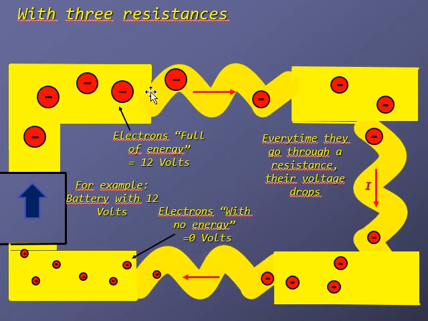Imagine that they have 12 volts. After passing by this resistance, they are losing energy, not all the energy. They only lose all the energy when they get to the negative terminal here. So they have more energy, and so they spend this energy in the second resistance. Okay, and then after the third resistance is when they have just 0 volts. Okay, there is a voltage drop.